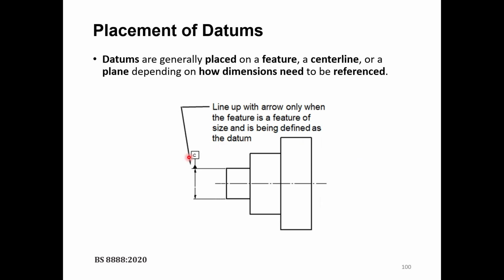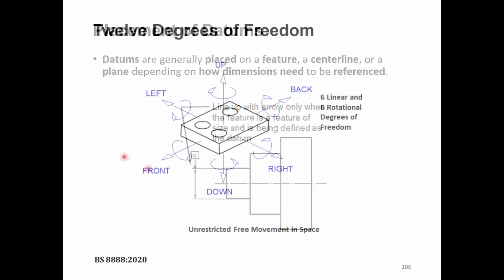So when the symbol here for the datum is lined up with an arrow of a specific dimension, the center line here becomes your datum. Okay, so I hope this is clear.